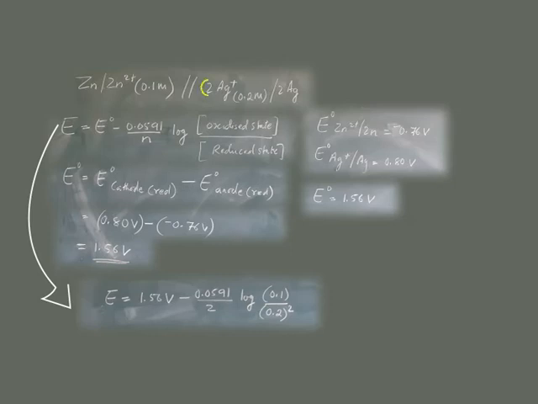Therefore, that number used for balancing the equation will go as the power. Therefore, you will get the answer using this. So I hope you get a clear idea how to calculate the EMF of a cell. While using the Nernst equation, you have to balance the equation. And while balancing, if you have any number in the equation, then that number should go as the power of that concentration.